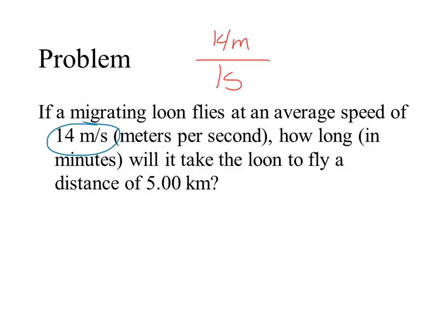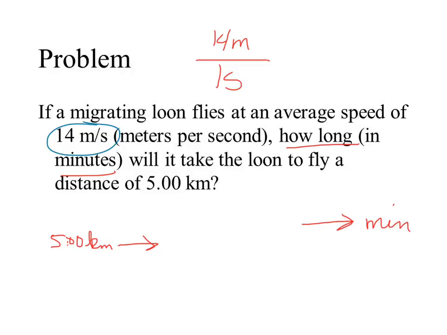So just doodling, it says how long in minutes. Actually, this is going to be at the end. How long in minutes will it take the loon to fly? And I'm going to start with this 5.00 kilometers. This is a classic case where you look at what you've got, what you're starting with, and what you're trying to end up with.